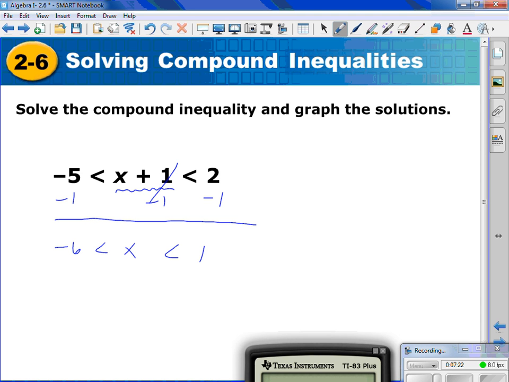And there you go. Now to graph it: -6, 1, open or closed? Open or closed? Since it's the "and," we're going to connect it.